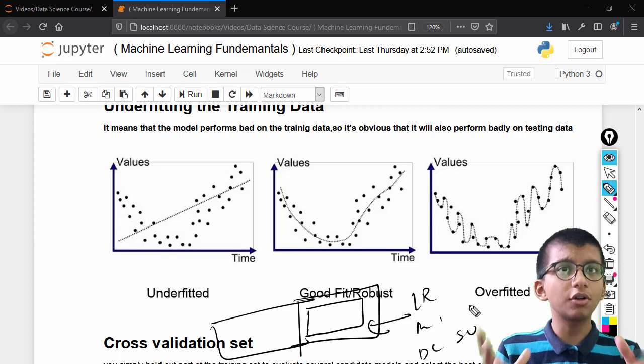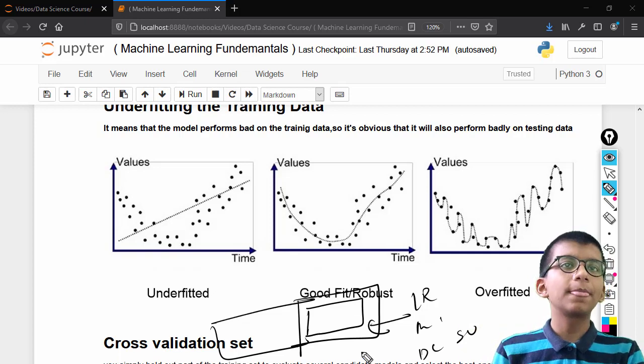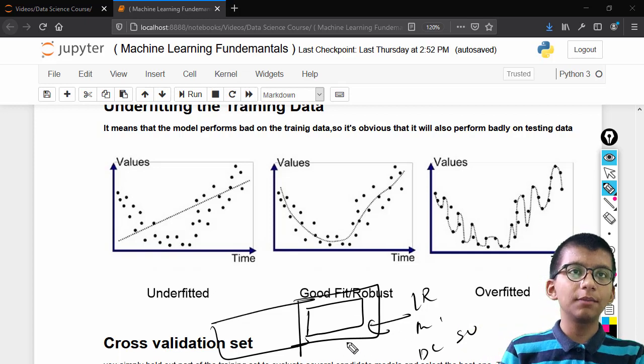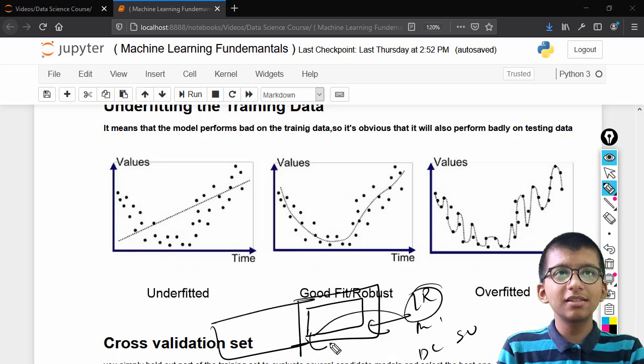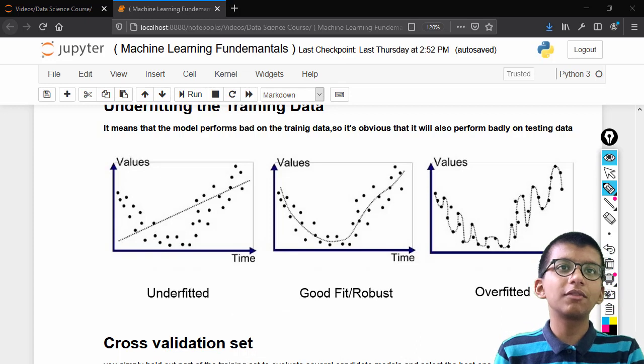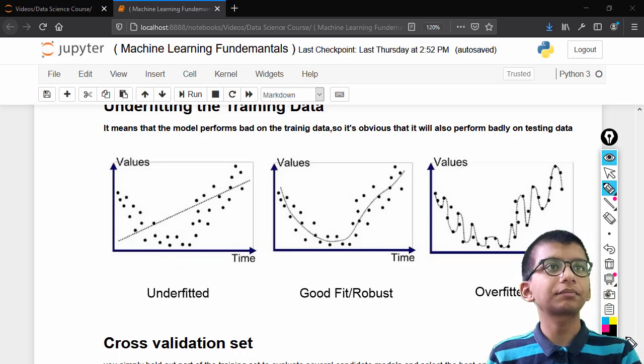We check which model performs well. If linear regression performs best, we'll use this. At last we choose the one that performs the best.